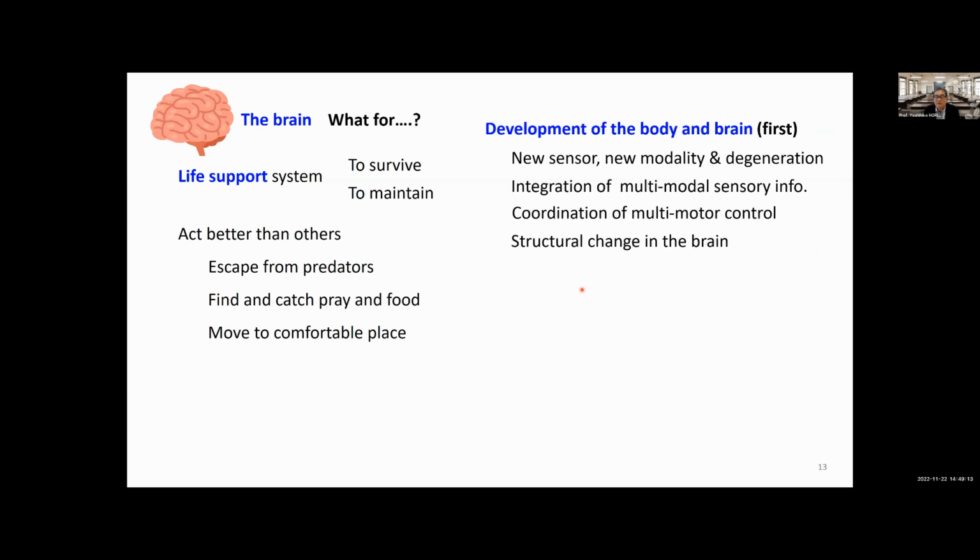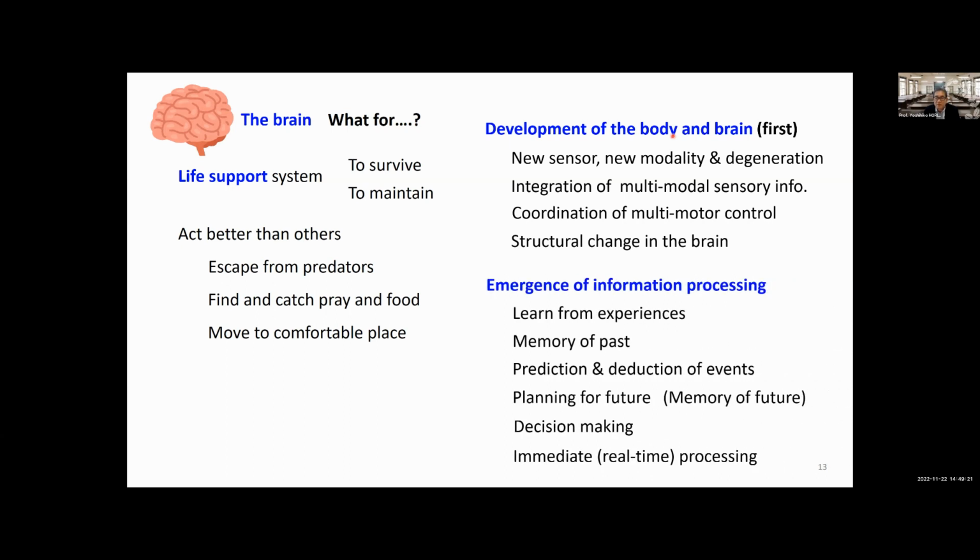So first we have the body and some brain, and then to support the body, the brain actually invented some specific information processing like this. Then maybe a new sensor or new modality was added, and some structural change in the brain occurred.